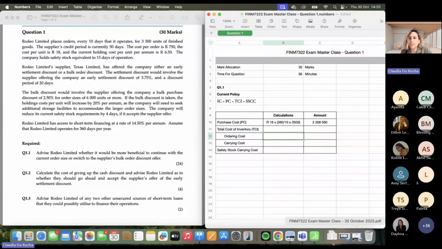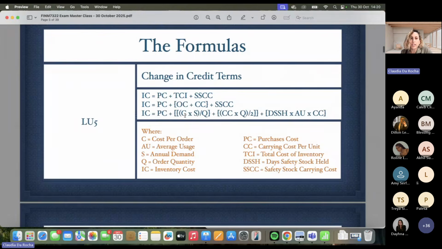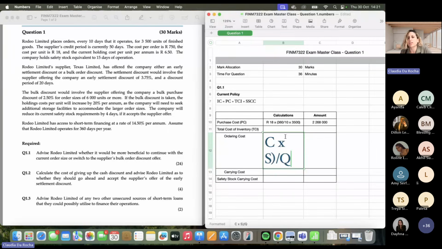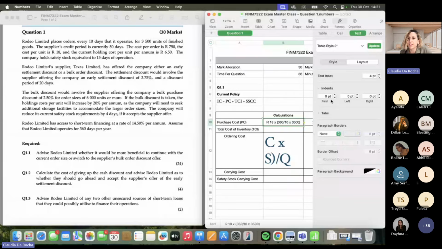With our ordering cost, as per the formula that we did, it is your cost per order times your annual demand divided by your quantity. So that's the formula that I need to worry about. I'm just going to put it here so you can see it.